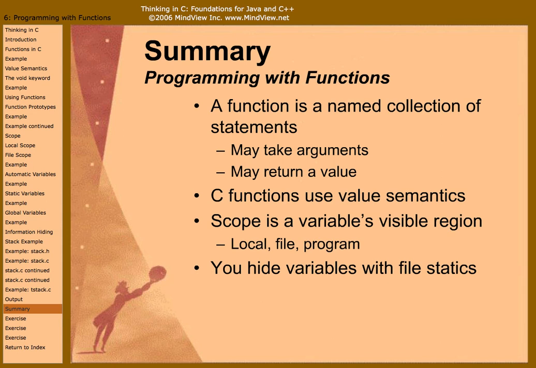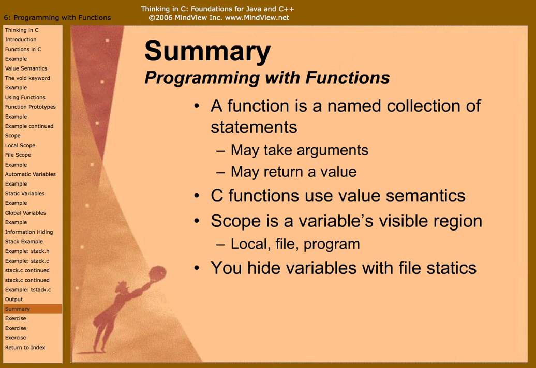In C, the arguments you pass to a function are copied into the local parameters in the function. So this is called pass by value, or value semantics, if you will. So just keep that in mind. All of those values that are passed into functions are local copies, and they will make no difference on the original argument in the calling code.